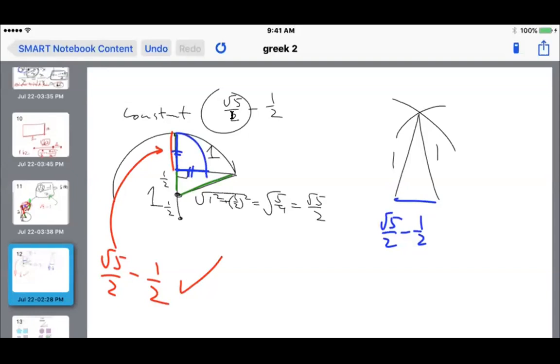So 7, 8, 9, and 10 are going to be for tomorrow. Okay, so we're only going to do 1 through 6. I'm going to make a note on the document right now. I'm going to put right in there, stop here.